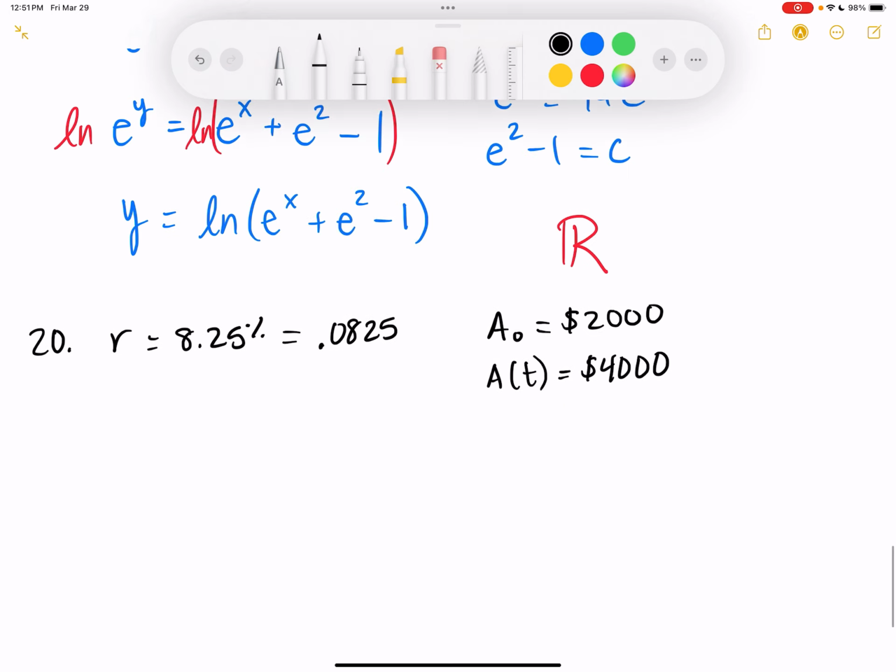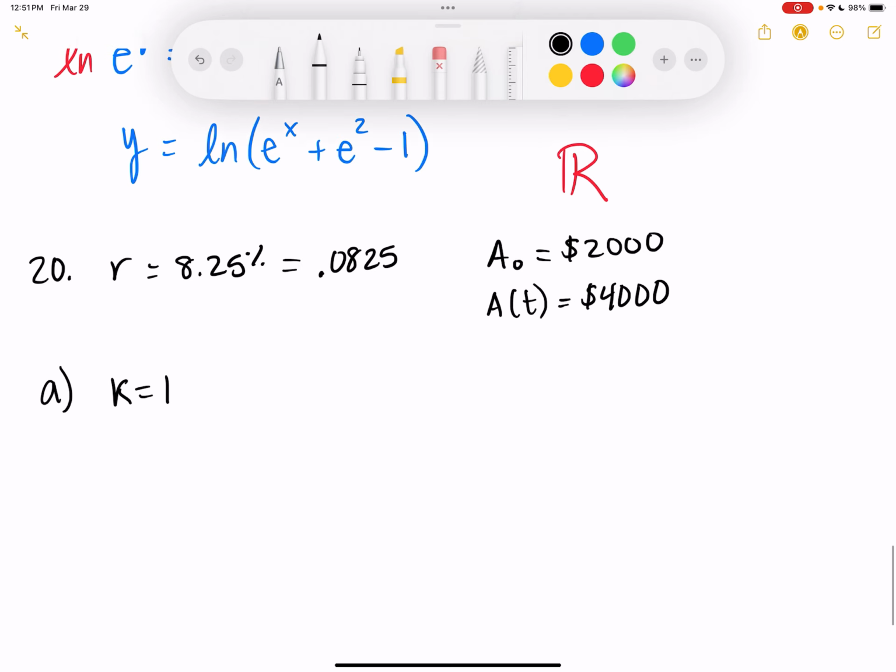So A says that it's compounded annually, so what does that mean? Once a year, so K is equal to 1. Our formula, I'll write it this first time, and then after that we'll just use it to plug in: A of T is equal to A sub 0, the initial amount, times 1 plus R over K raised to the KT.